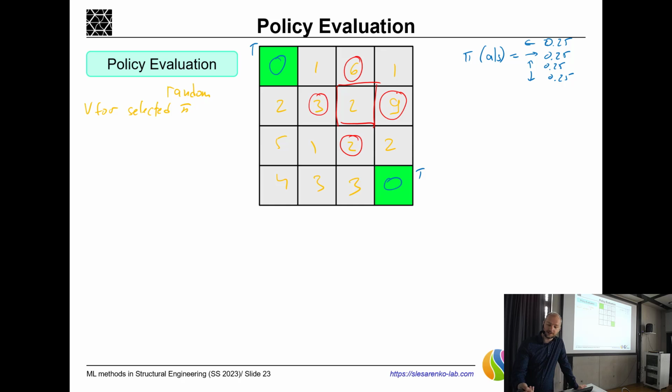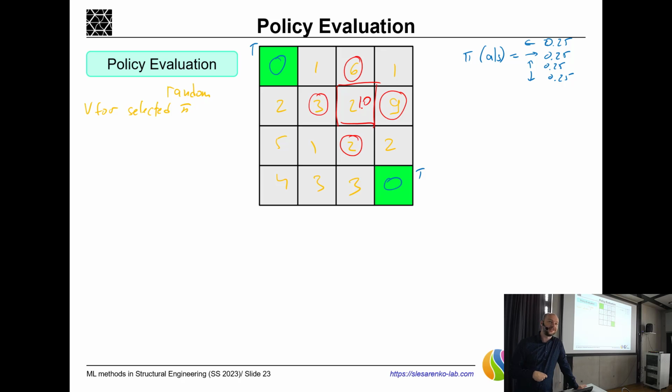In this case, considering our policy is random, and let's say we have a -1 reward for any movement, what would be the value here? We get 9 plus 9 plus 2, actually we'll get 10. And we update this value. Then we select the next square, already with a 10 here, and repeat this.